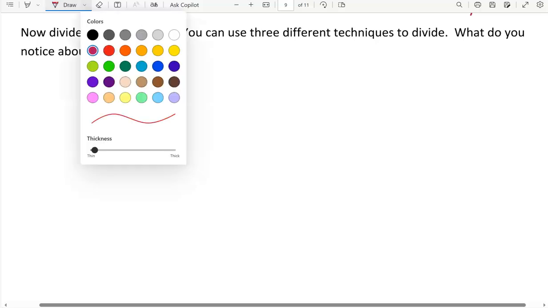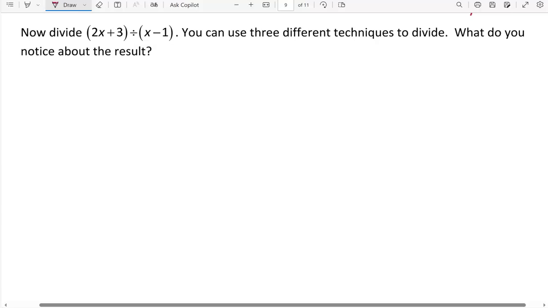You can choose your method, but one of the methods for doing a division is long division, x minus 1 divided into 2x plus 3. When we do the long division, you divide the first terms first. So 2x divided by x is 2. Then multiply that quotient times the entire divisor.